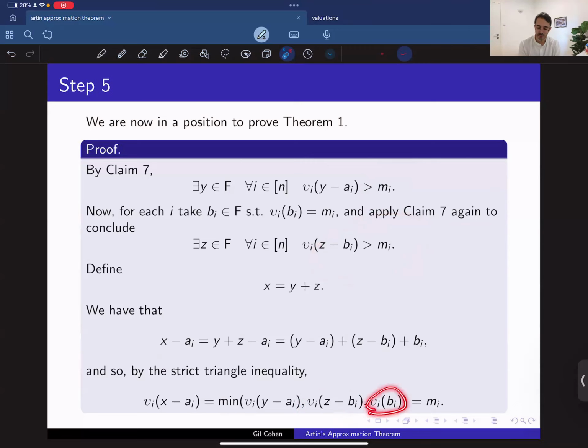And the ith valuation of bi is precisely mi. So altogether, you can apply the strict triangle inequality, because the valuation of this is strictly smaller than those. That's enough. So you get equality, and the equality is to the minimum, which is mi, which proves the theorem.